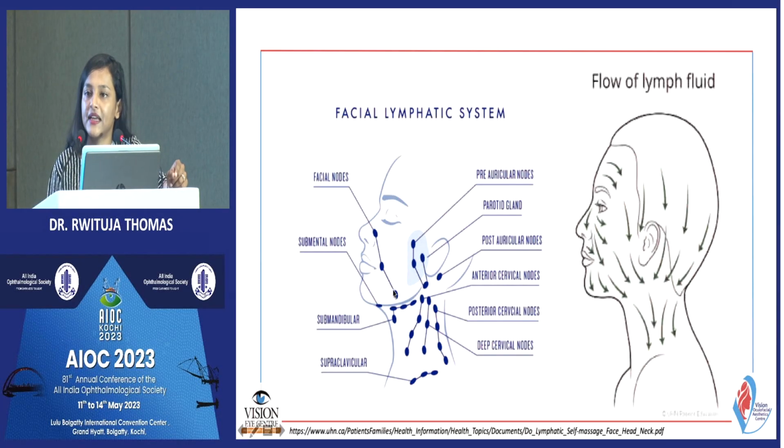Something which is often ignored with respect to filler injections especially is the lymphatic and the flow of lymphatic. So if you can see here, the lymphatics flow in this direction. Now when we inject filler in this area below the eyelid, the fillers tend to accumulate here, especially in patients who get fillers multiple times.